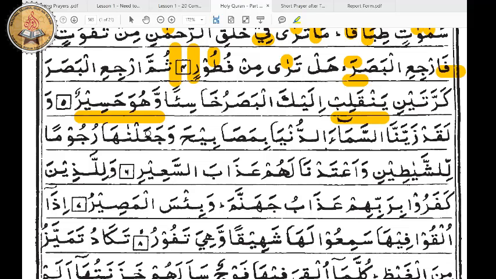I'm not quite sure, but do you have to prolong the last letter? No, you don't prolong it. This turns into a sukoon. Yeah, that's okay. So Jazakumullah for paying attention.